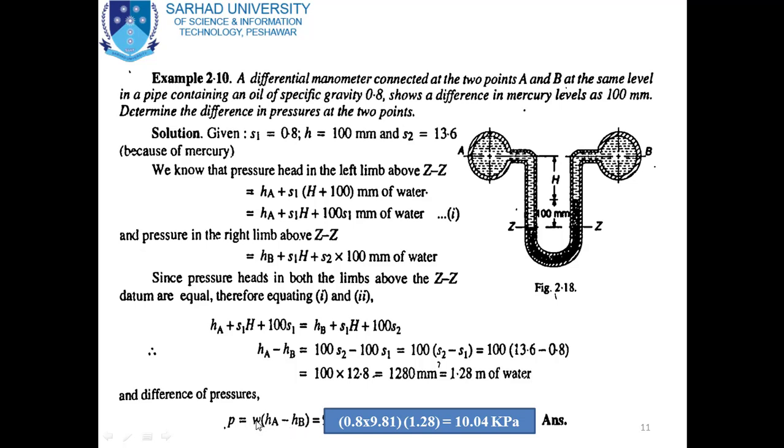Also the unit weight of the liquid is equal to 0.8, the specific gravity of oil, multiplied by 9.81, the specific weight of water. So we will get the unit weight of oil. Multiply the unit weight of oil by the difference of head, we will get the difference of pressure between the 2 points, which is equal to 10.04 kilopascal. And this is the answer of our example 2.10.